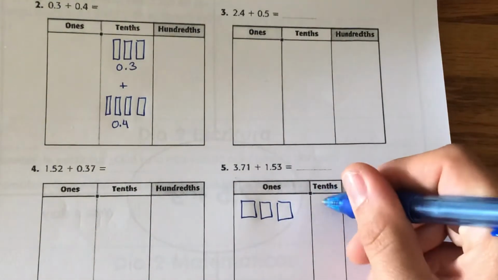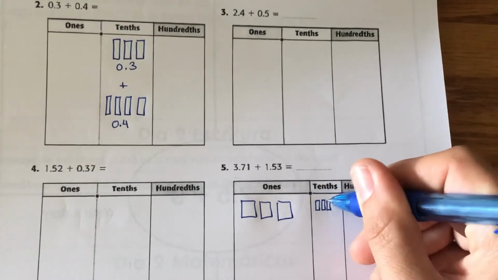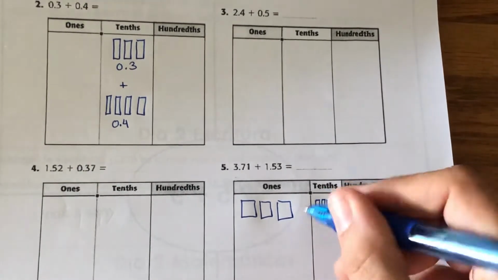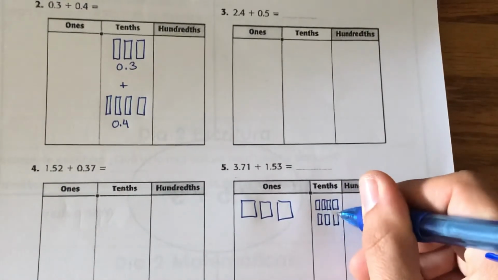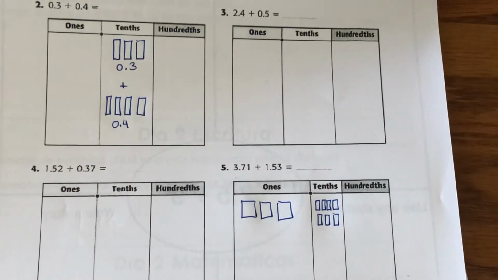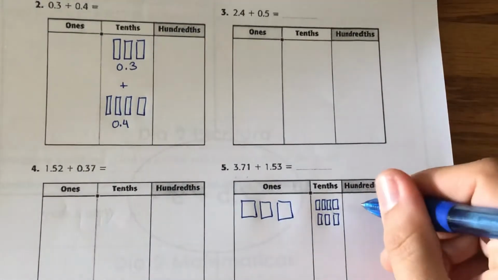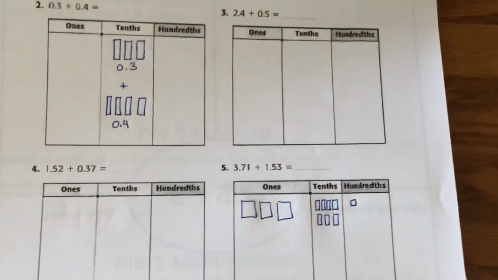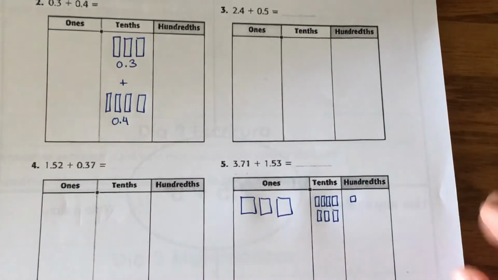I have 7/10. That's the stick. 1, 2, 3, 4, 5, 6, 7, and then 1/100th, which is my little tiny square. Okay, that indicates 3 and 71/100ths.